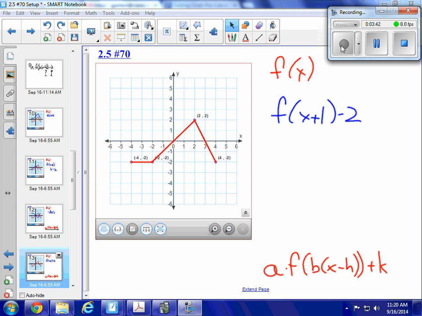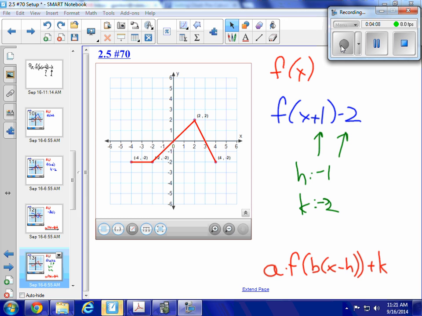So my next one has a couple of things going on here. And it looks to me like I have an h inside the function and a k outside the function. So I need to transform this going horizontally and vertically. My h is negative 1. My k is negative 2.